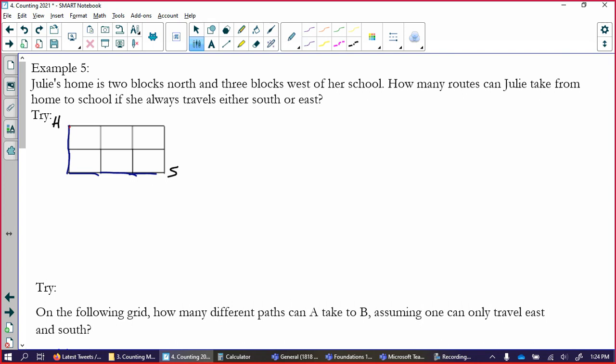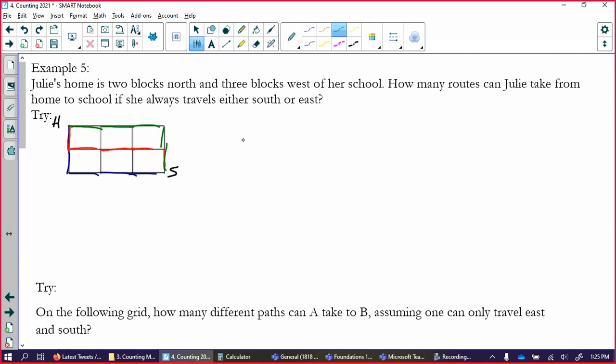And she could go south, east, east, east, south, east, east. Oh, sorry, colors. She could go any one of those ways, plus she's got zigzags and all of those.